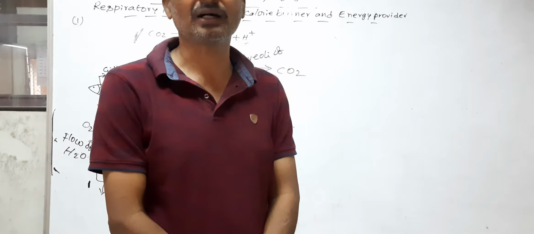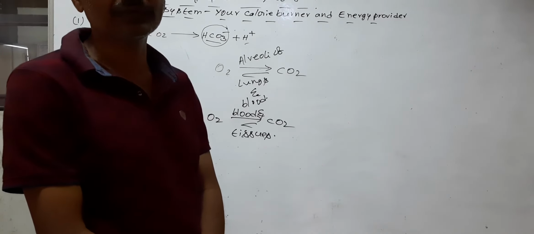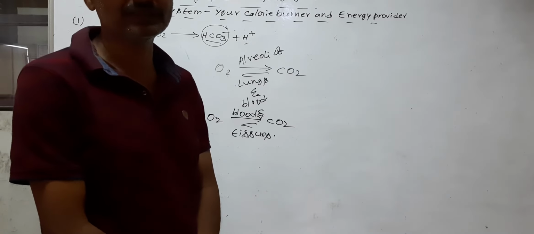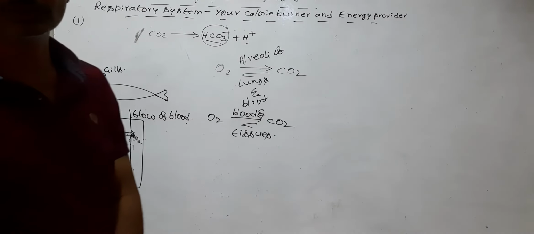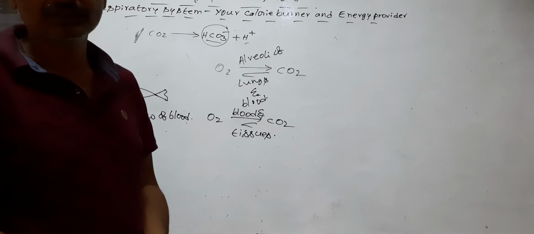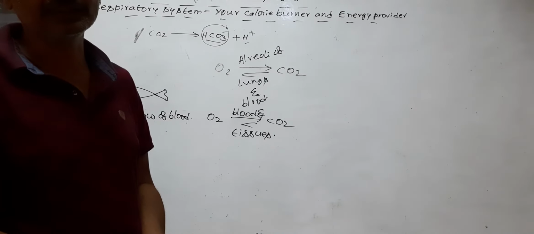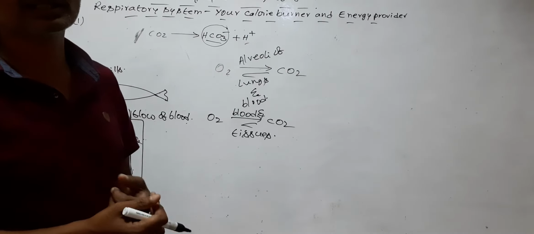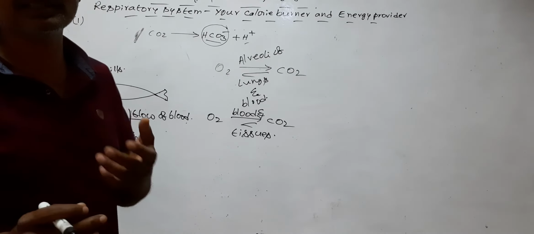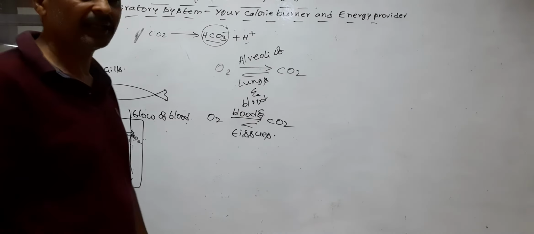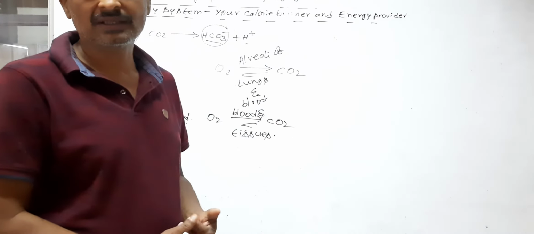So hemoglobin or respiratory pigment is absent in the blood of insects. So the insects develop tube-like structures called trachea and tracheoles, the respiratory organs of insects which carry oxygen directly to body organs.